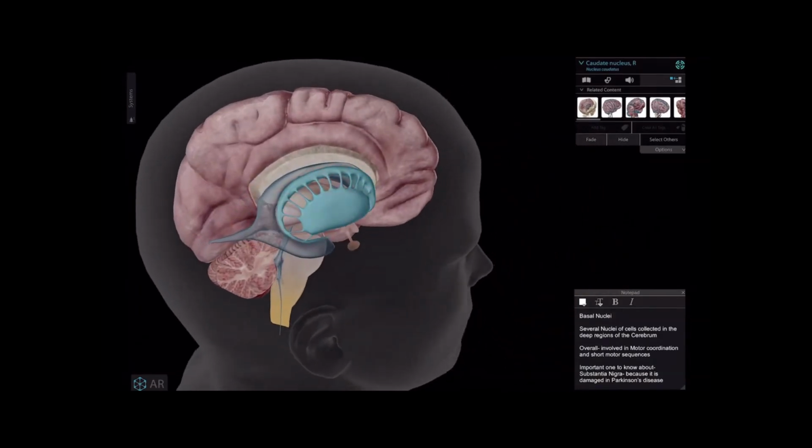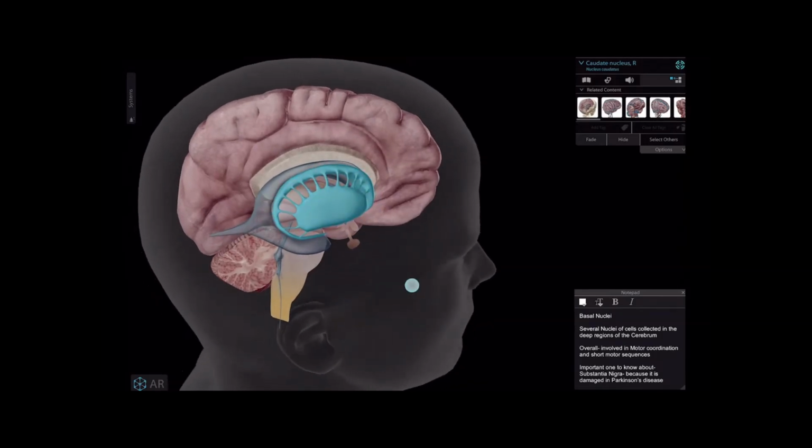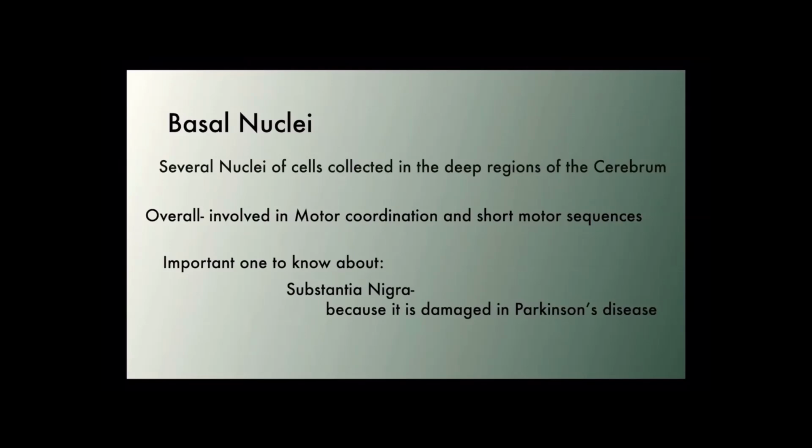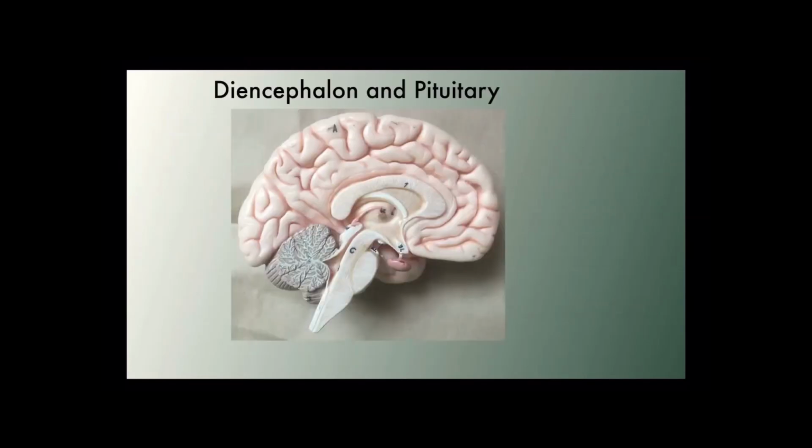Remember, several nuclei of cells collected in the deep regions of the cerebrum. So let's break this down into little chunks. So we'll start with the diencephalon and pituitary.